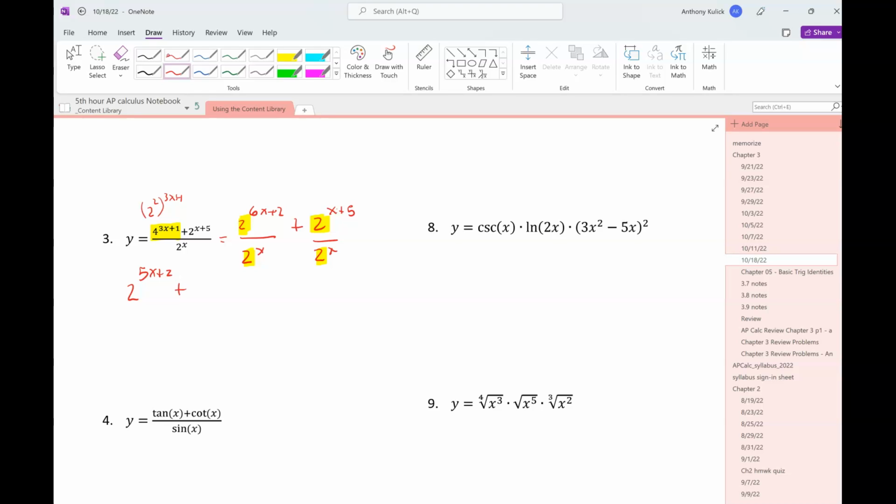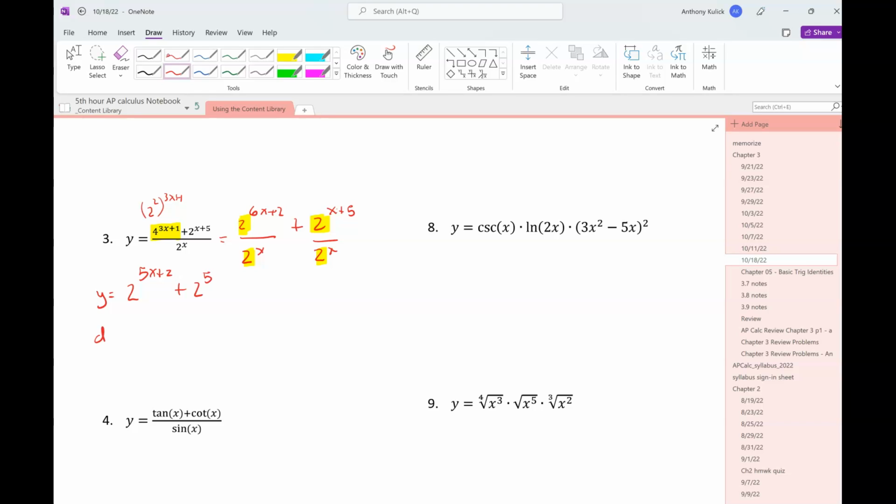And 2 to the x plus 5 becomes just 2 to the 5th, because I subtracted the exponent. So x plus 5 minus x is just 5.